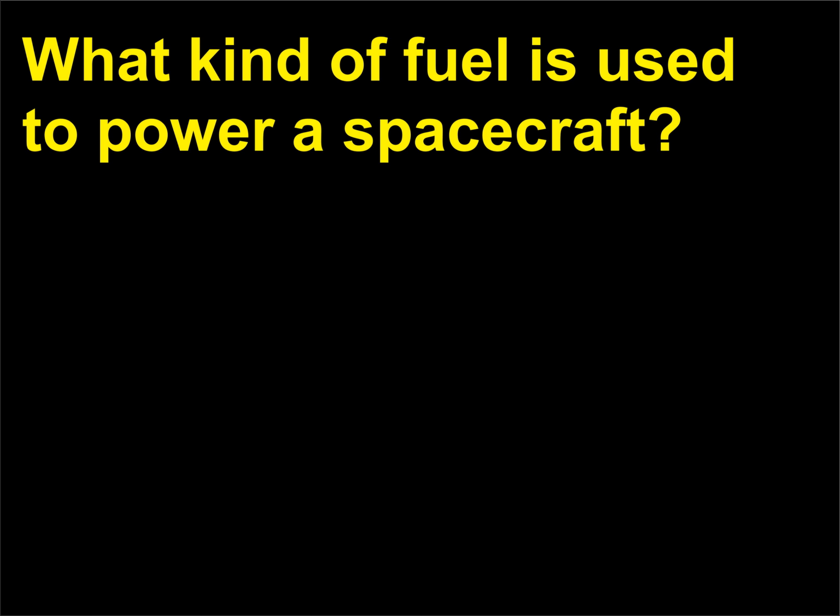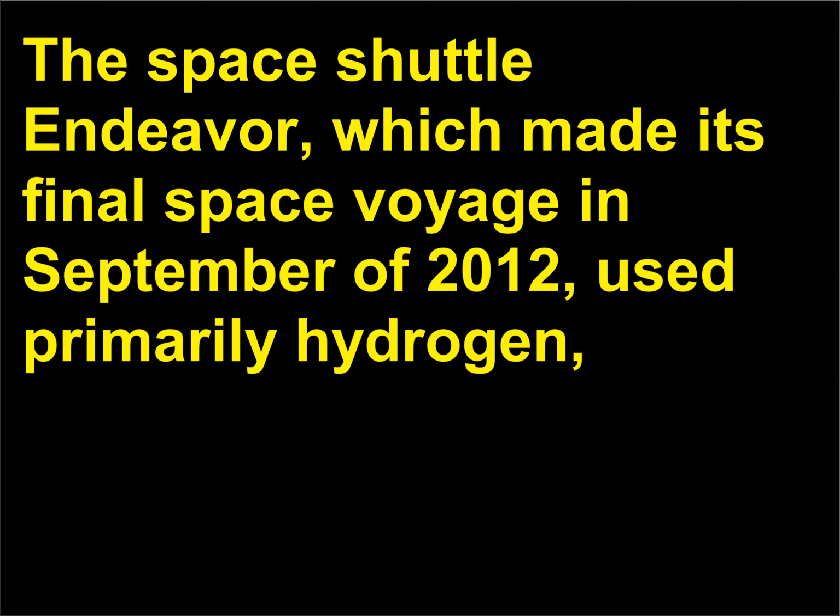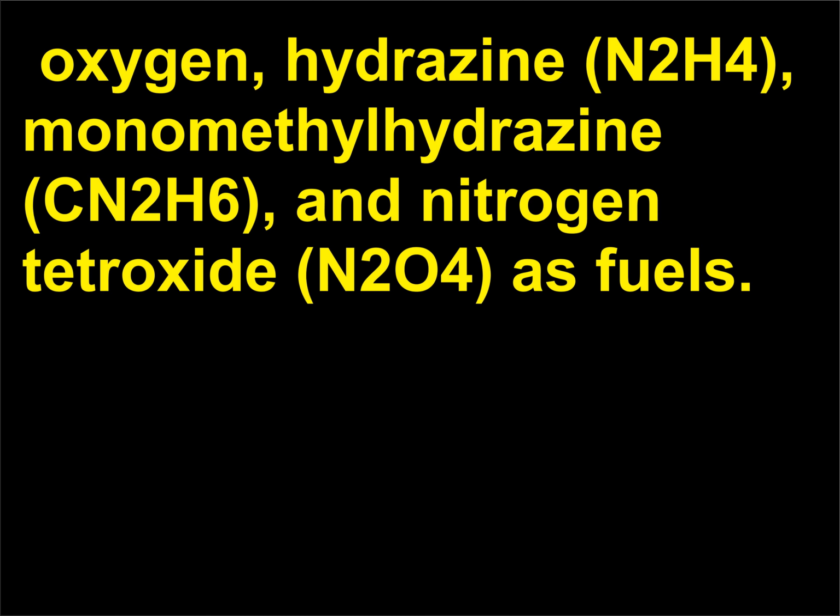What kind of fuel is used to power a spacecraft? The Space Shuttle Endeavour, which made its final space voyage in September of 2012, used primarily hydrogen, oxygen, hydrazine, N2H4, monomethylhydrazine, CH6N2, and nitrogen tetroxide, N2O4, as fuels.